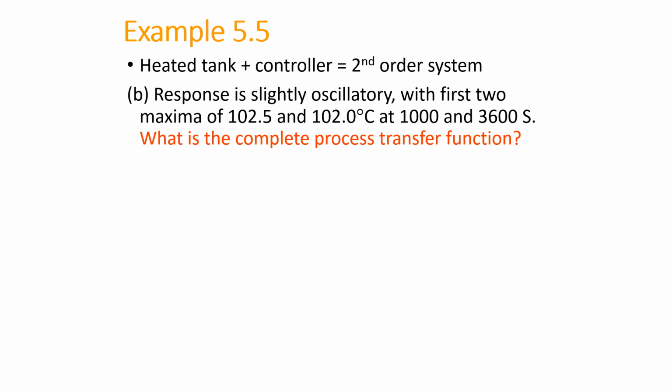Now the response is slightly oscillatory, with the first two maxima of 102.5 and 102 at 1000 and then at 3600 seconds. What's the complete transfer function? So it goes from 100, it's going to go up, oscillate, and then oscillate again.